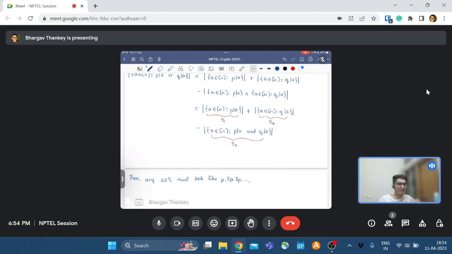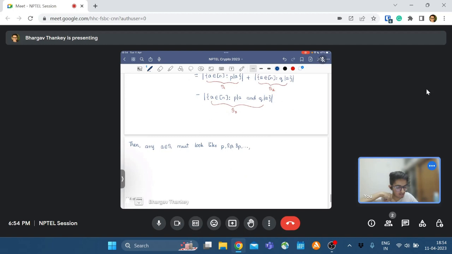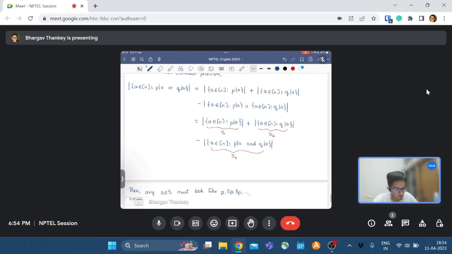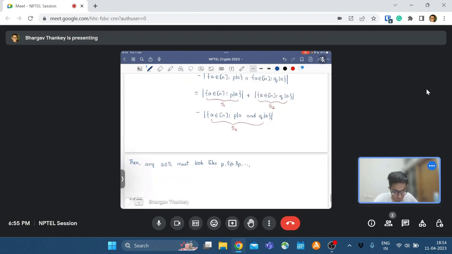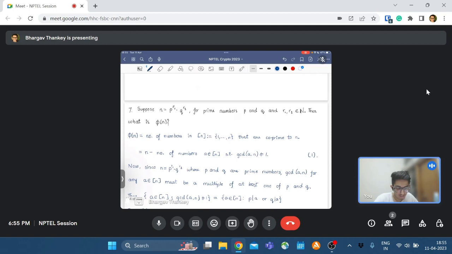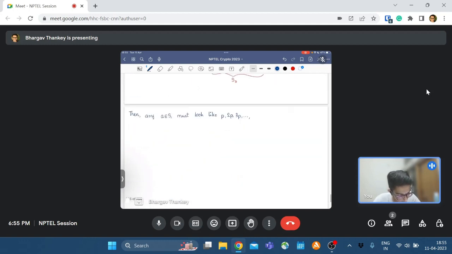So it must look like M times P for some M. The smallest value of M is 1, so it can go from 1, 2, 3, and so on. The question is, what's the largest value of M? Well, we know that A is less than or equal to N, and for M equal to P to the R1 minus 1 times Q to the R2, M times P would exactly be N, right? So this can go on up to P to the R1 minus 1 times Q to the R2 times P.